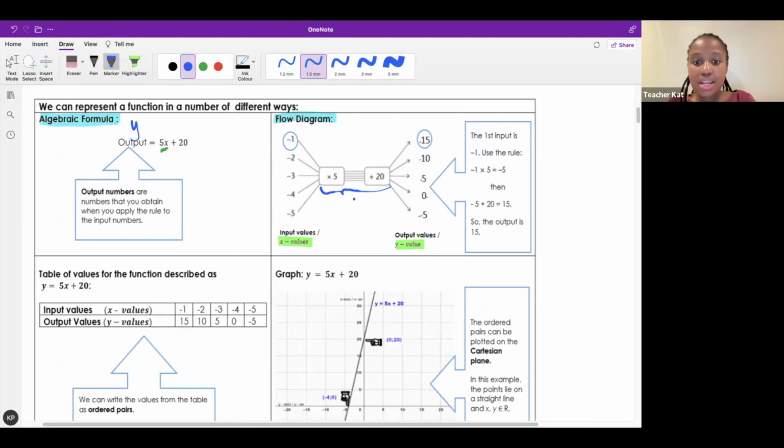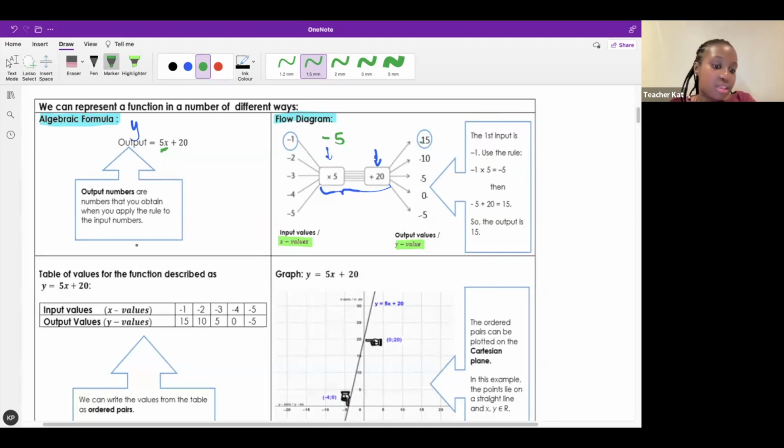As I said, first we multiply by 5 and then add 20. So you take all of these input values and operate on them. You say -1 times 5, which gives you -5. Then you say plus 20, which gives you positive 15.